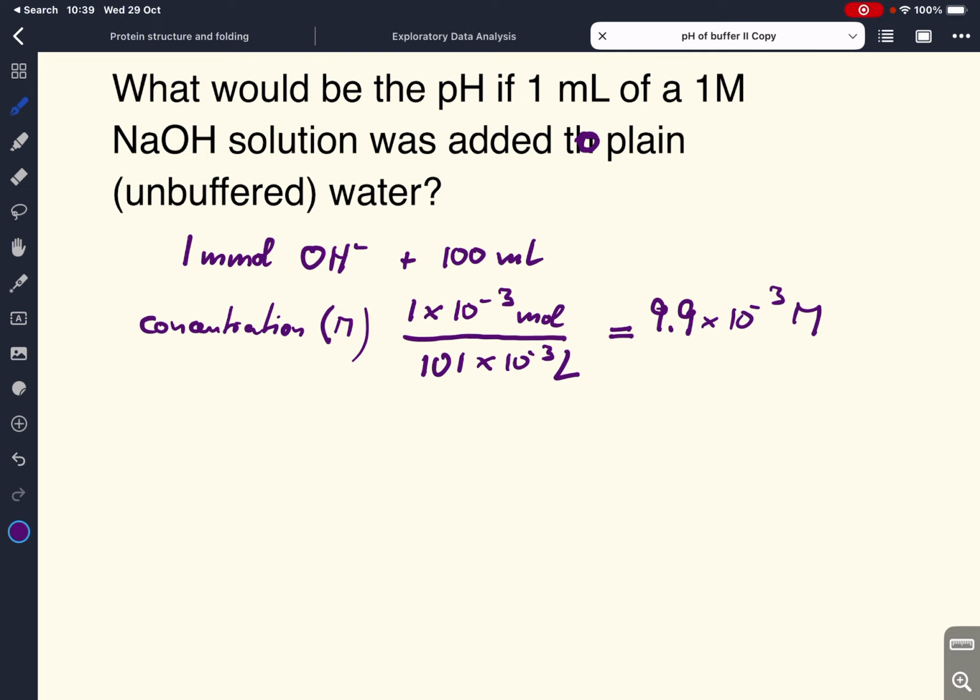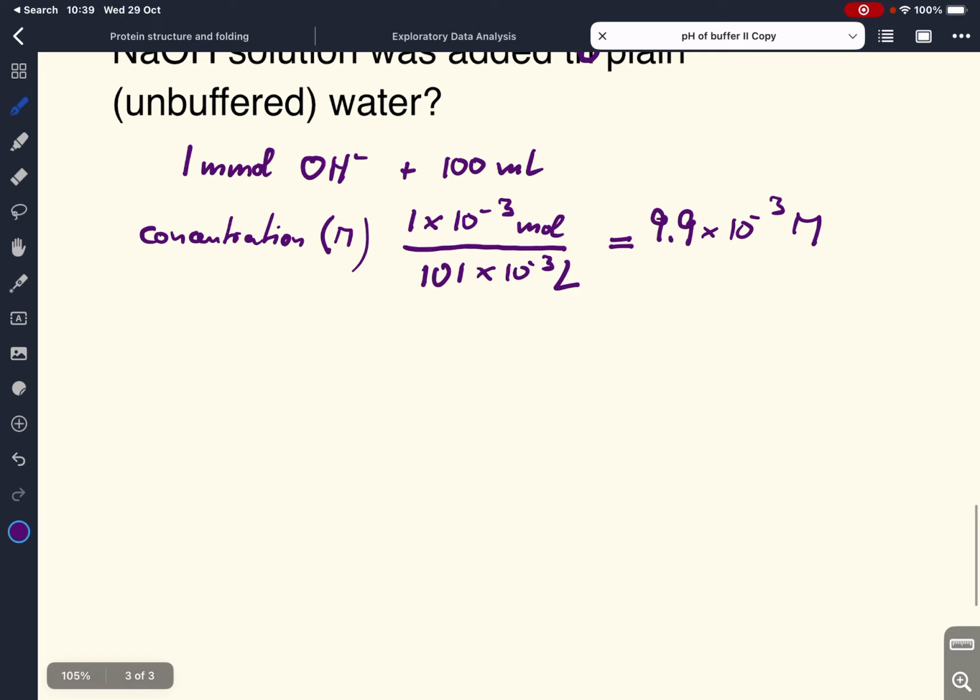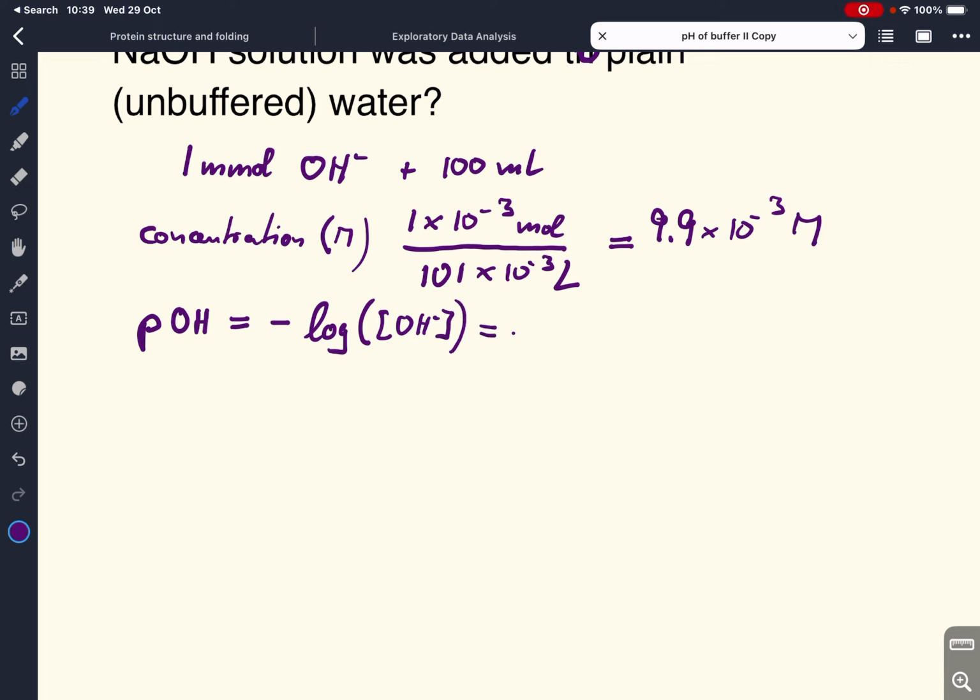Now we can use this and calculate the pOH, because we've got OH. We can't directly calculate the pH. We can calculate the pOH. The pOH is nothing else but negative logarithm of the OH minus concentration. And that is negative log of 9.9 times 10 to the minus 3. And we remember it always has to be in molar.